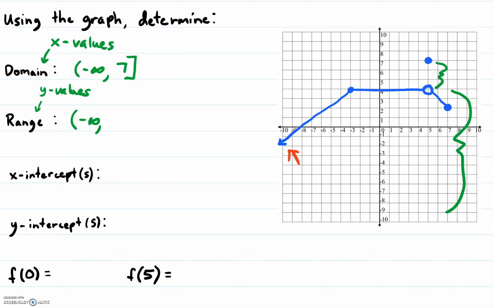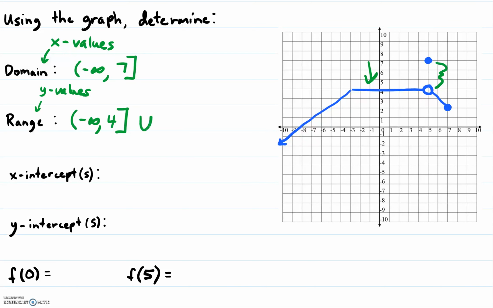So when we say how high do we go, we're talking about this continuous piece of the function right here, and we'll worry about the point later. So the highest y value that we have on that piece of the graph, we go to a y value of 4. And that happens all along this horizontal stretch right here. So our range is negative infinity all the way to 4. And we do attain that value of 4, so we're going to put a bracket around it.